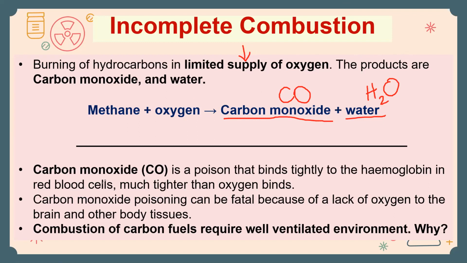Okay, and we already talked about what carbon monoxide is. We talked about people closing all the doors in their garage, turning on their car and suffocating to death, because incomplete combustion allows fuel to keep operating even in closed environments where there isn't a lot of fresh air, where there is a limited supply of oxygen. Now remember the difference between the two.